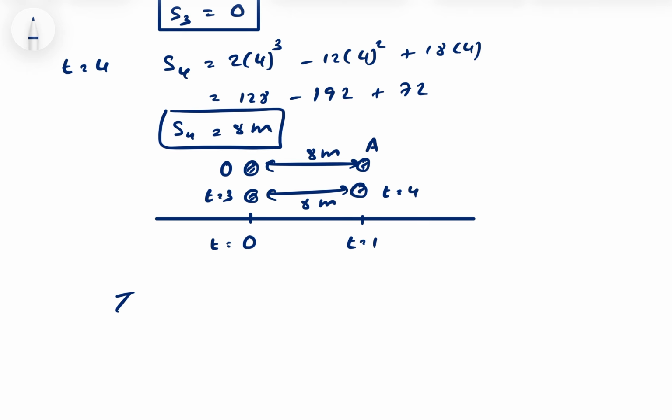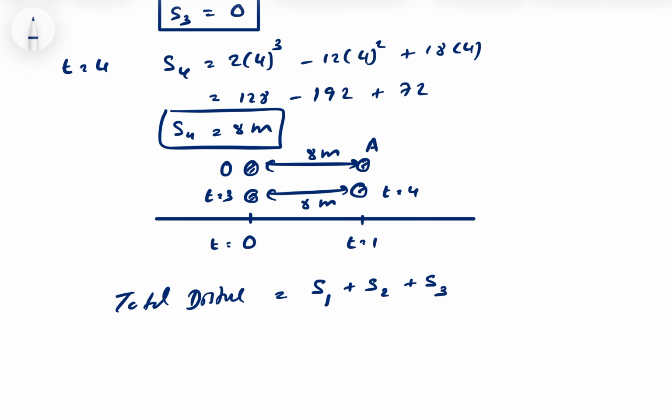So the total distance would be from t equals 0 to 1, that is the first leg, then the distance it travels back from t equals 1 to 3, the second leg, and then the distance from t equals 3 to 4, the third leg.